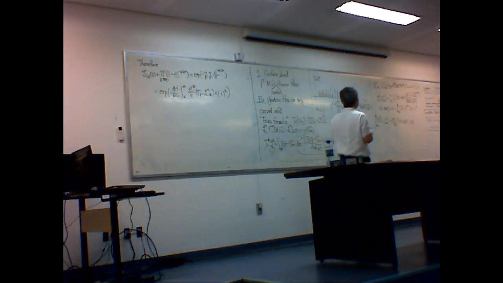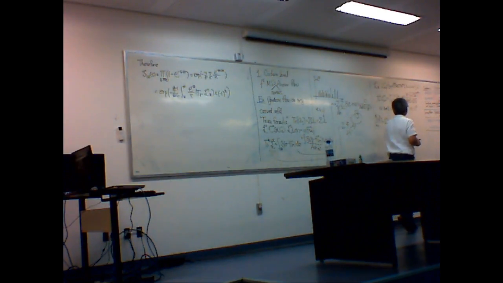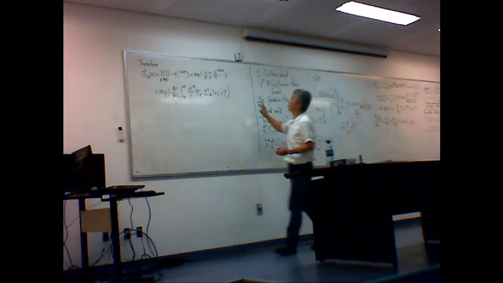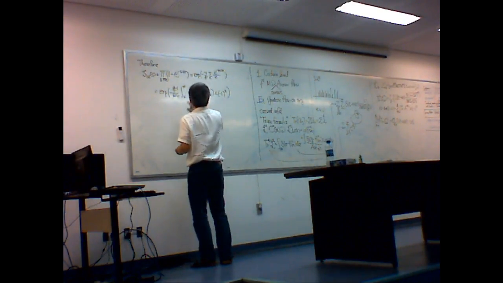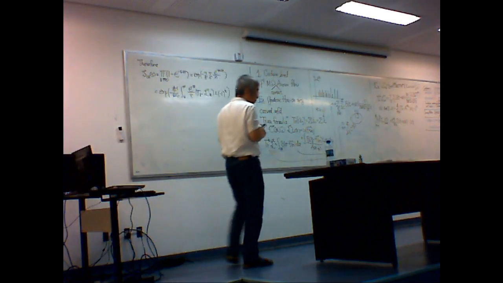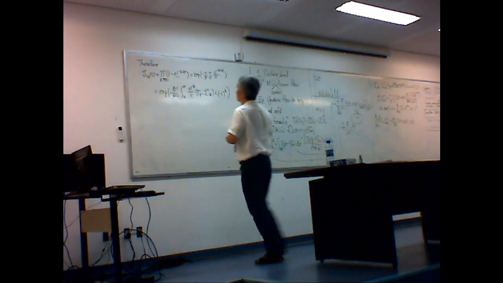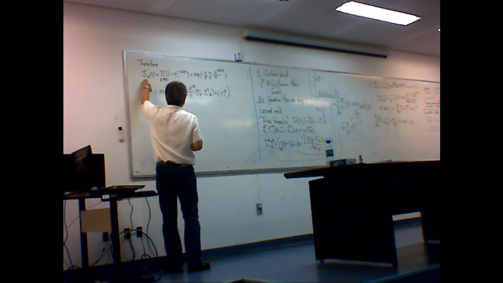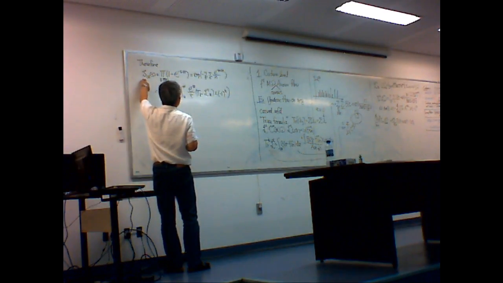So again we could use this here, then we can write it in this way. And this is a basic formula when we consider the analytic property of this zeta function.